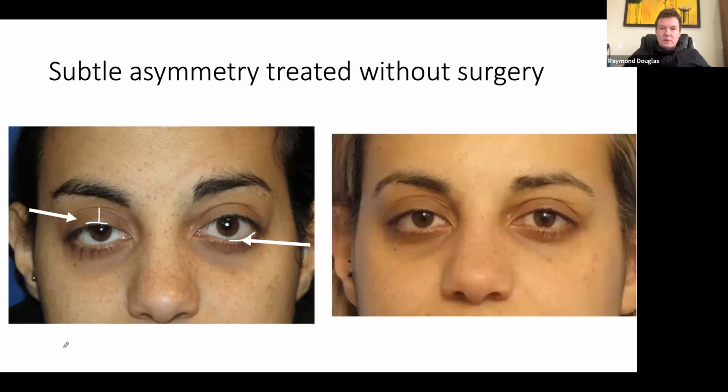And so one of the things we did, without any surgery, is just to elevate using filler and a little bit of Botox. And now there's a new drop called Upneeq that really is going to enhance this. You can get this from a prescription, and it raises the eyelid.